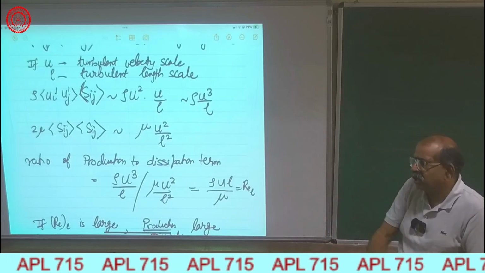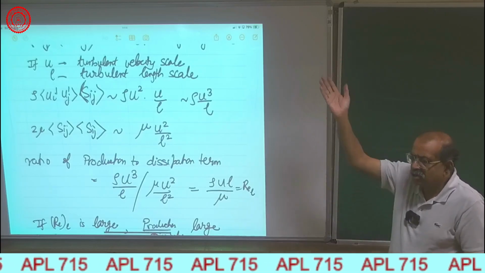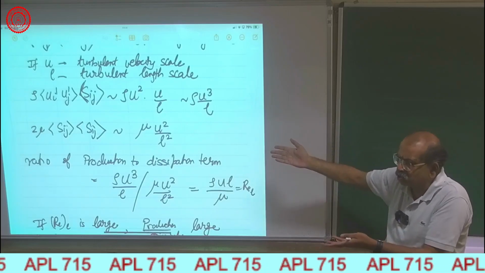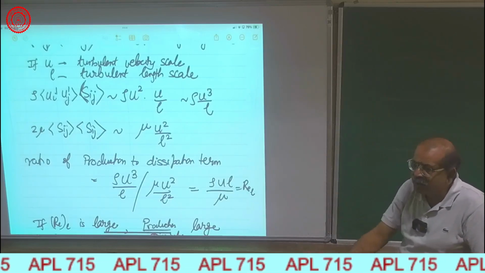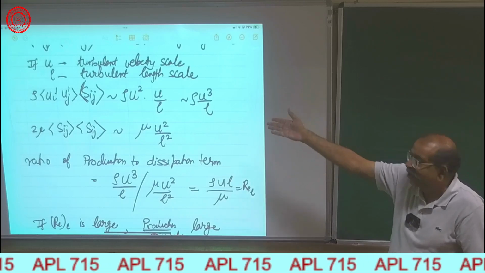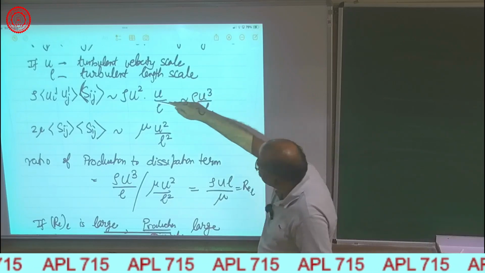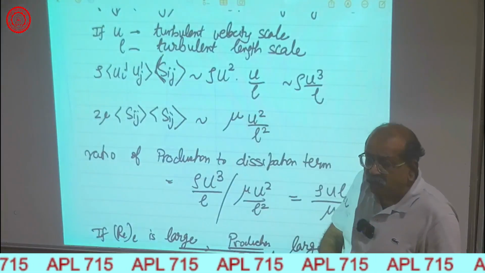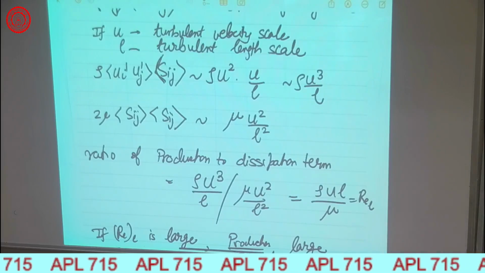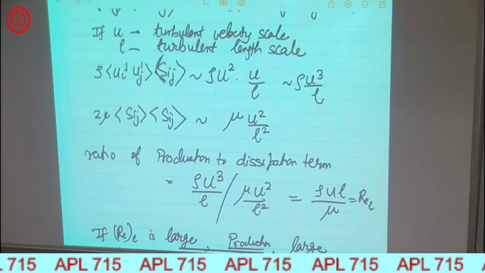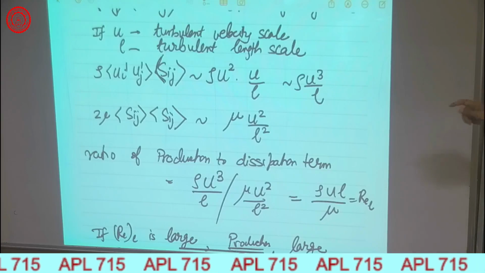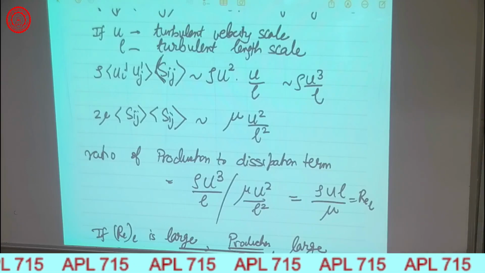So suppose if there is a linear shear, then obviously du1 by dx2 is known, whatever is u1 at the top minus 0 divided by x2. That is just a constant. So what we are saying is that is of this order, but the turbulent velocity also is of the same order as the mean velocity.